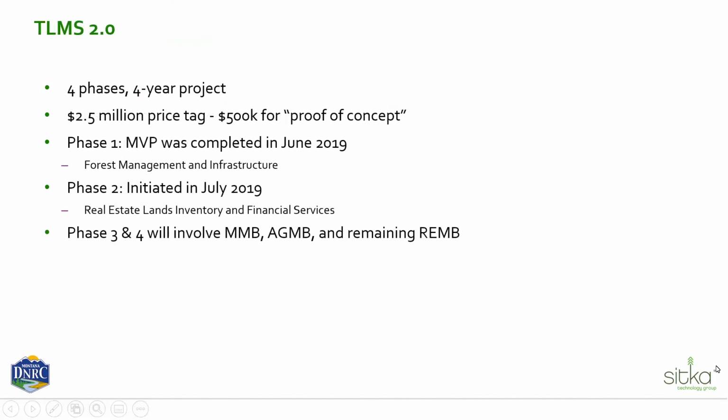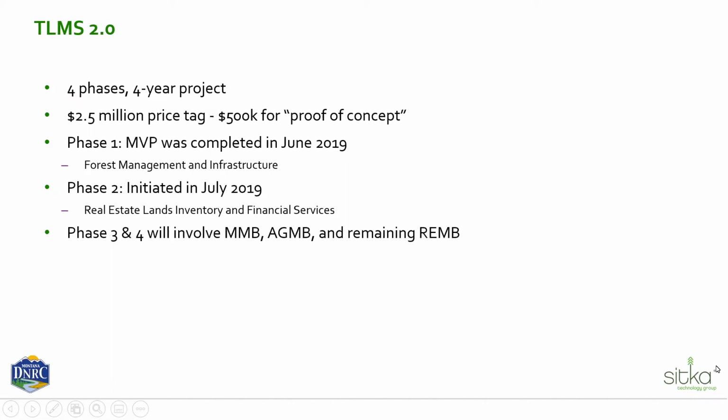Jumping ahead, we're now in the midst of this project that Em and I are discussing today. This is how we're getting what we want. What we did was break a big, long project into relatively bite-sized pieces. The TLMS 2.0 project is 4 phases over 4 years, and it has a price tag of $2.5 million.